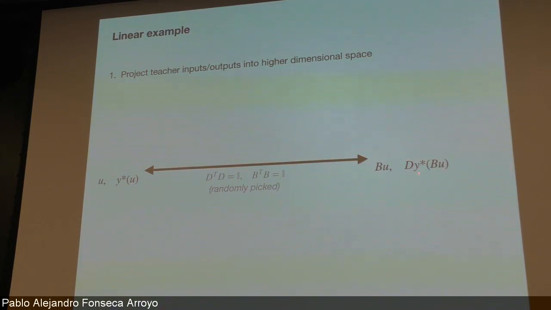In fact, that should not be a D, that should just be Y star U. My apologies, that's a mistake, I realize now. So that should be D of Y star U. So this is an invertible transformation. If I know what B and D are, then given these two, I can infer these, and vice versa. It's an invertible transformation, so it's the same task, just embedded in a higher dimensional space.